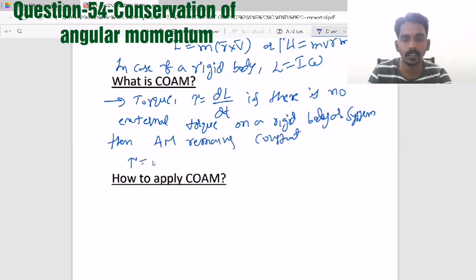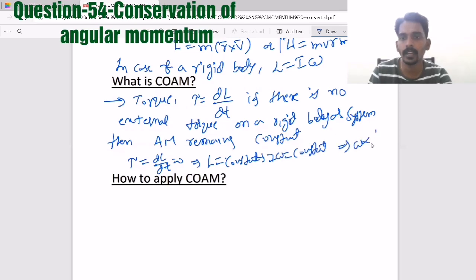That is, torque tau equals dL by dt equals 0, which implies L remains constant. So L, meaning I into omega, remains constant, which implies omega is inversely proportional to I, which implies I1 omega 1 equals I2 omega 2.